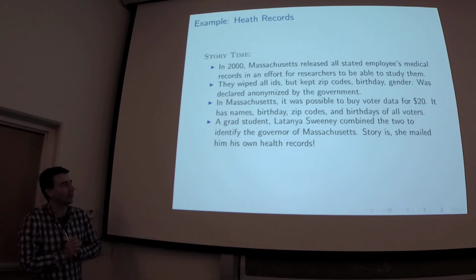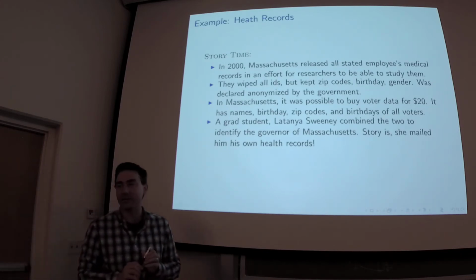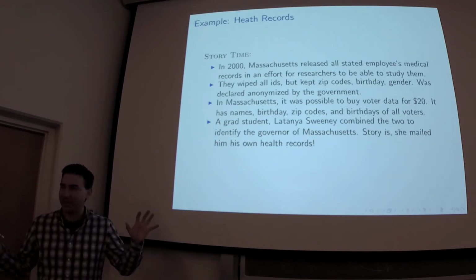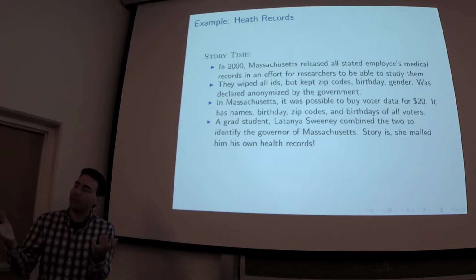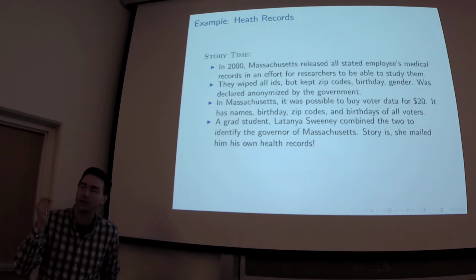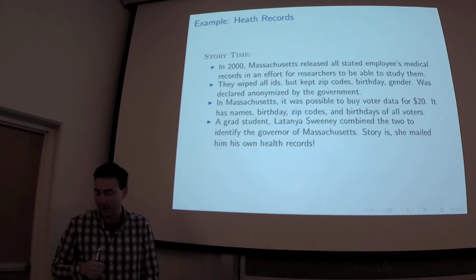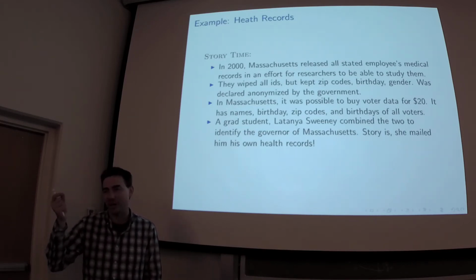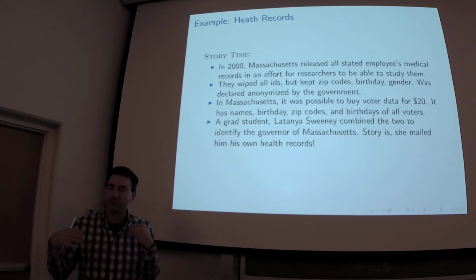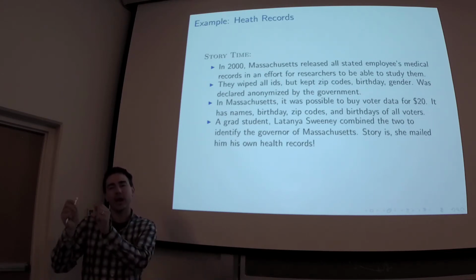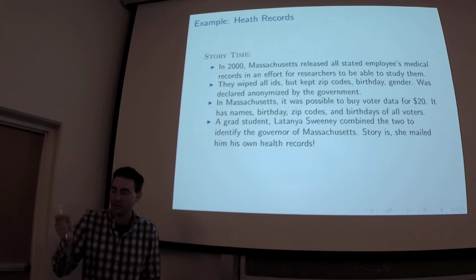And so there was a graduate student at the University of Massachusetts who decided to take these two and join them together. You couldn't figure it out for everyone, but in the case of the governor of the state, at least this is the story I've been told, you could identify the governor because of the zip code he was in, and his actual birthday narrowed it down to just the governor.